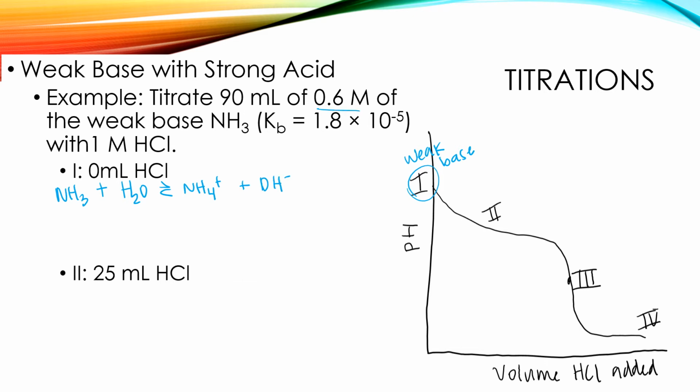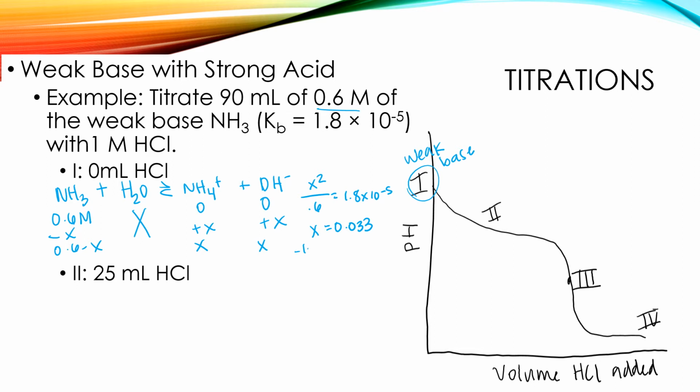So we have 0.6, 0 and 0, minus x, plus x, plus x, 0.6 minus x, x and x. So we're going to set x squared over 0.6 equal to the Kb. So x is equal to 0.033.